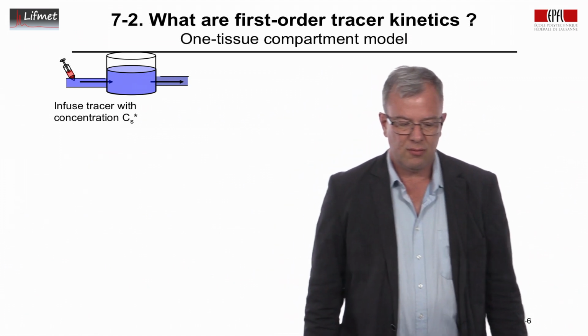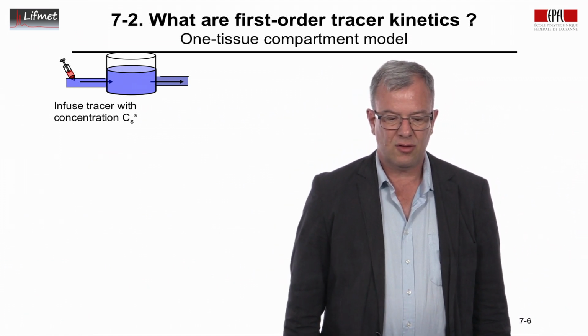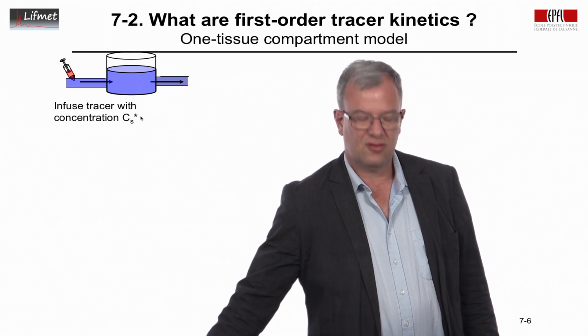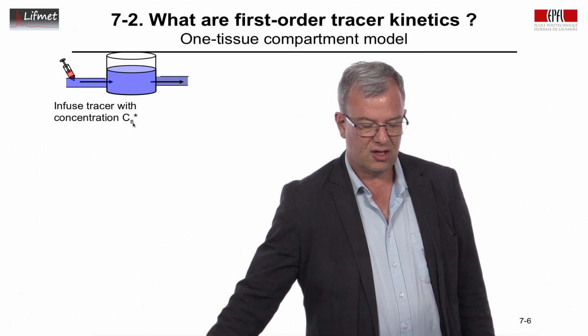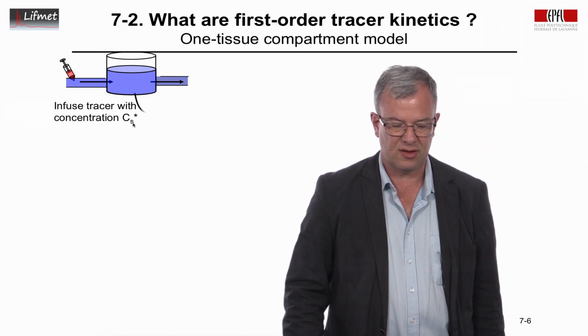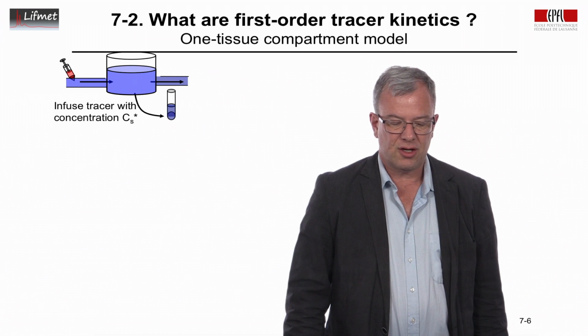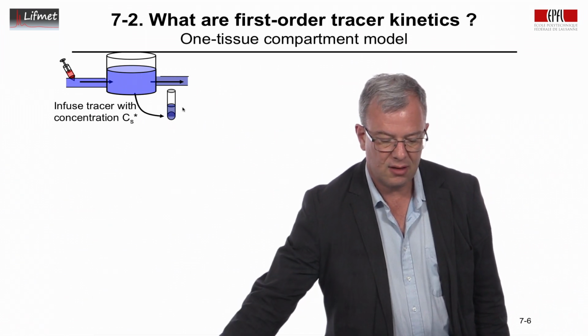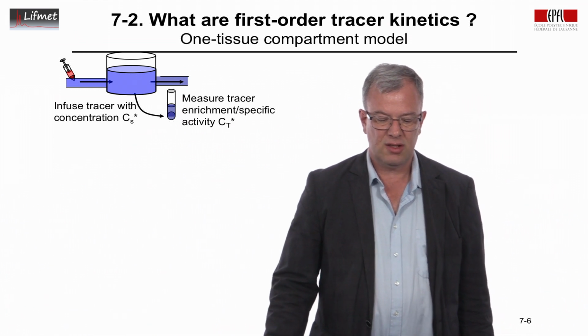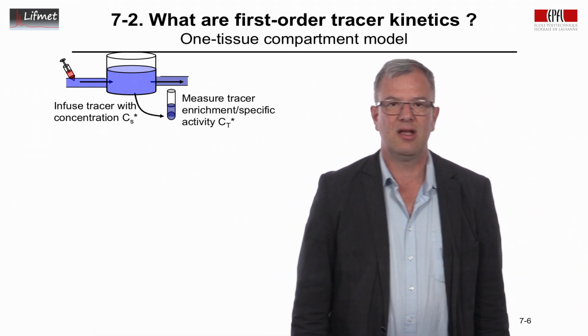So what we'll do with the experiment is we'll infuse a tracer with concentration CS star. Star means it's radioactive, C is the concentration, and S is the subscript for substrate. That's our substrate. We measure a sample from our beaker, and there we measure the tracer enrichment or the specific activity in the tissue.